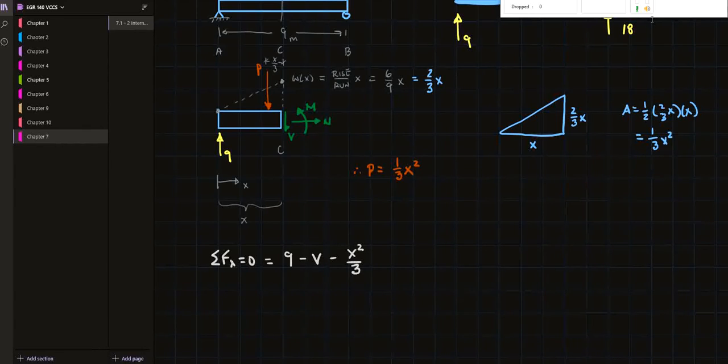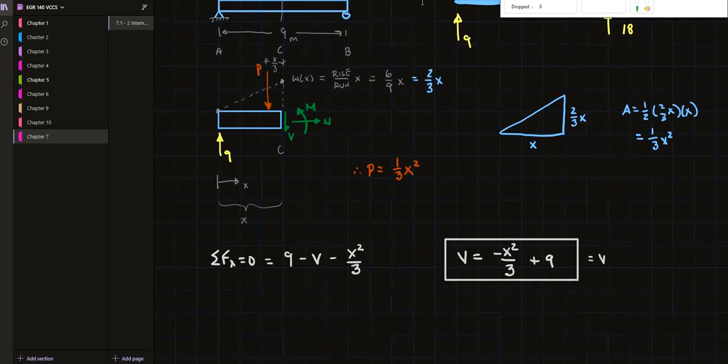So we have just come up with an equation as a function of x for V, because I can solve for V, and that equals minus x squared over 3 plus 9, and that is V of x. V is a function of x.